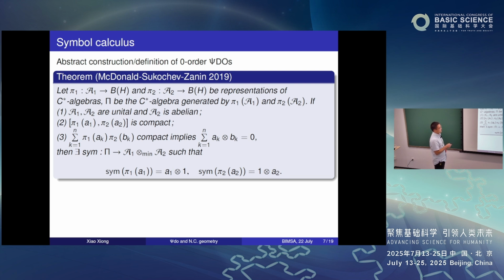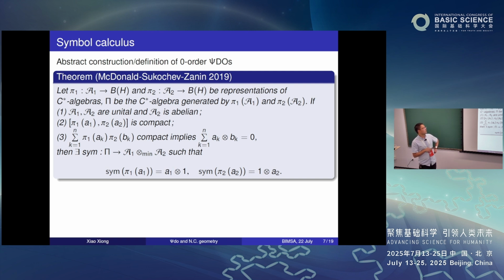This H is L2, and we can represent the algebra of continuous functions on the torus to this L2 just by pointwise multiplication.